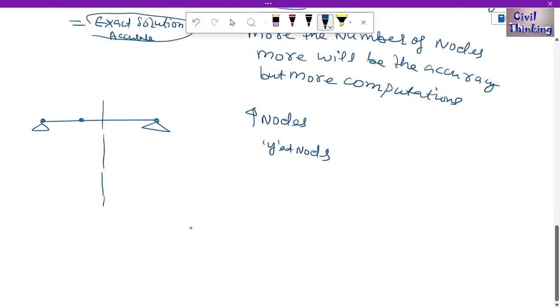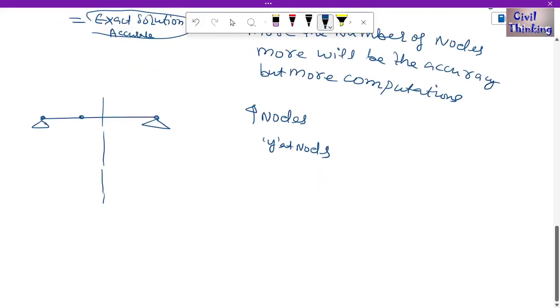The Ansys program told me that there is no displacement at this node, and it told me that there is some displacement here. Now let us draw the deformed shape. You see, we have only 3 points, and also Ansys told me there is no displacement here. So maybe I will draw it like this and like this.